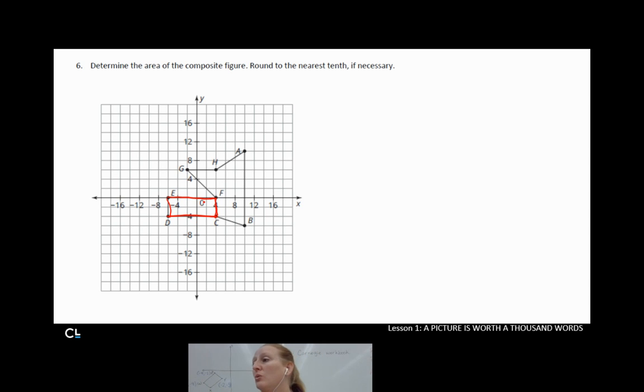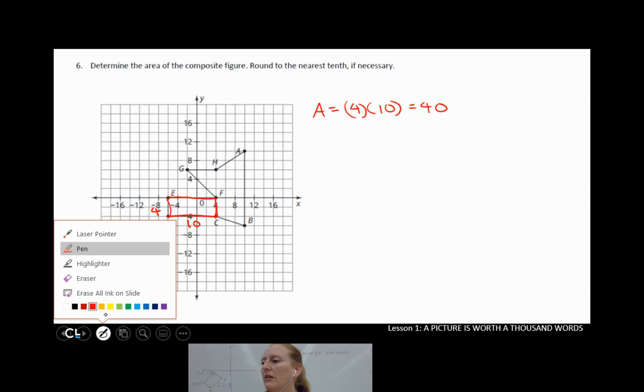My length is 2, 4, 6, 8, 10, and my width is 2, 4. So for the area, I do 4 times 10, length times width, which gives me 40.